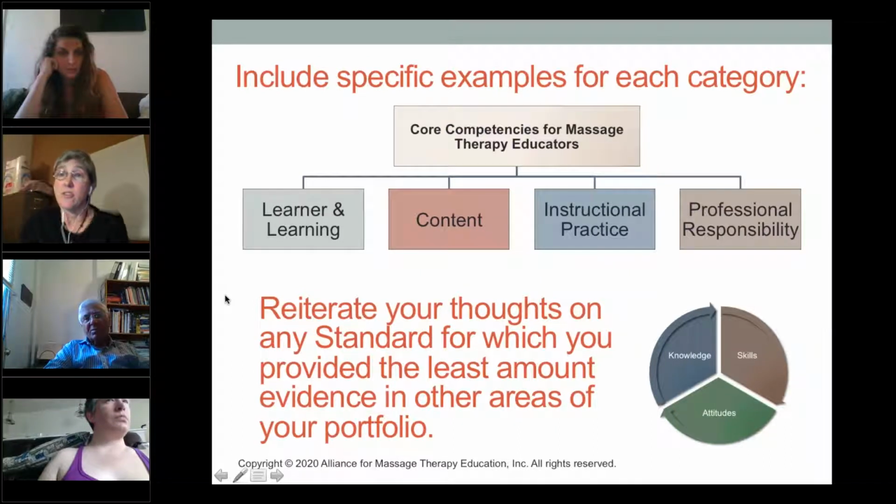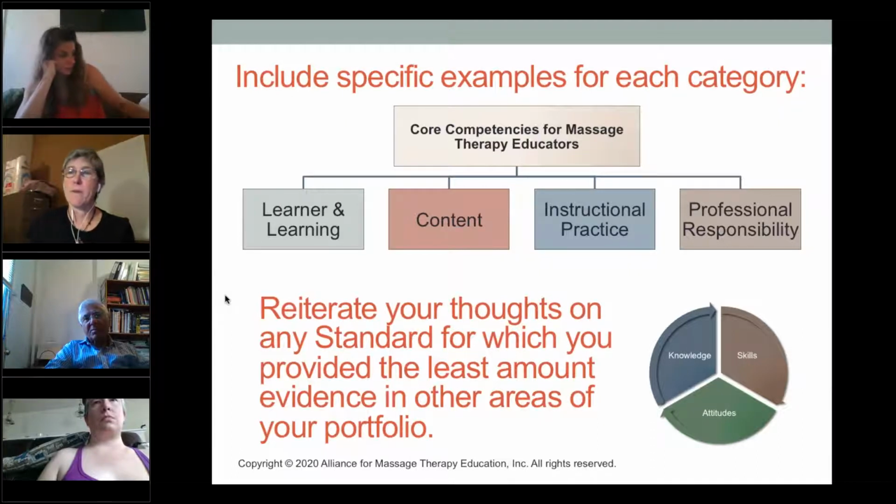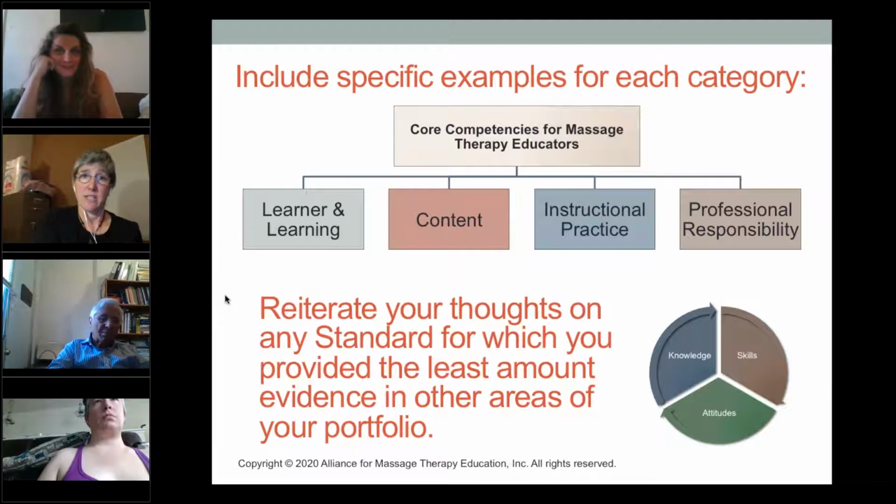because these are the agreed upon standards for what makes effective and fantastic educators, right? So you might want to include specific examples that you do or you think about in the 4 different categories that the standards fit in.